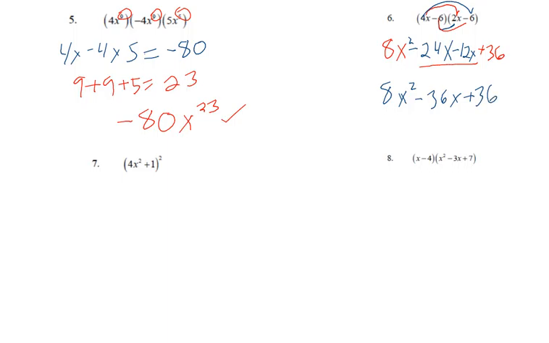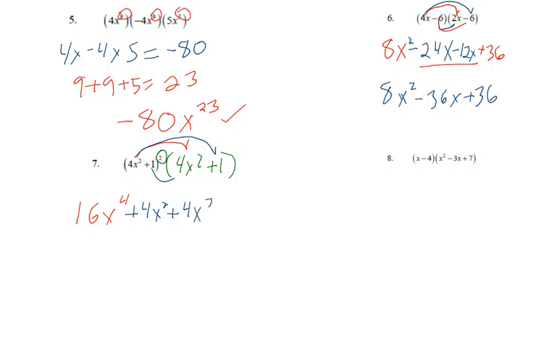In question 7, you see a little exponent 2. That 2 just means write the problem twice, like we've done. And now FOIL. So 4x² and 4x² is 16x⁴. 4x² times 1 is 4x². 1 times 4x² is 4x² again.